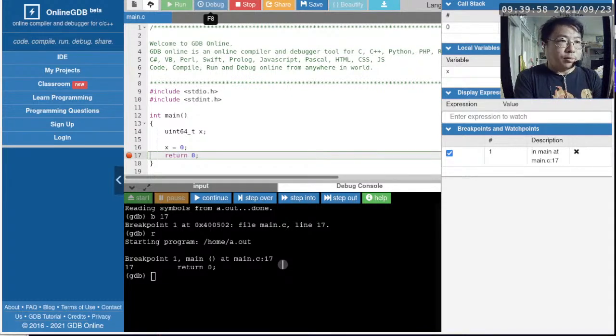I haven't used Replit for a long time, so I'm not really sure whether they have now a GDB for C and C++. But when I was using it, they did not have GDB. So I think Replit is best for JavaScript, Python, that sort of stuff. With C and C++, I don't know whether they have the debugging tools or not.